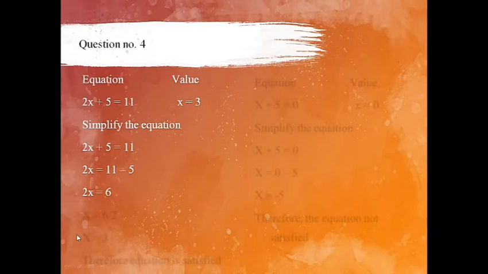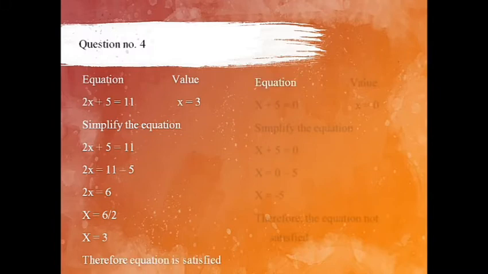So here we will get x equals to 6 divided by 2, and 6 divided by 2 is equals to 3. Therefore x is equals to 3. So here the value is given x as 3. It means by simplifying this equation we got the value of x as 3. It means therefore the equation is satisfied. So here we will write, therefore equation is satisfied.